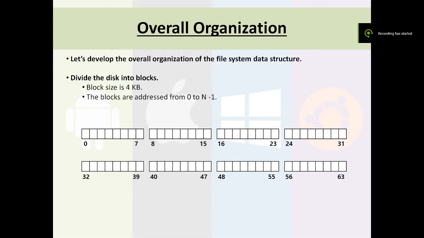Okay, so let's start with our data structures. Let's develop the overall on-disk organization of these data structures for this very simple file system. This is going to be quite a long walkthrough example of how this aspect is implemented, so hopefully you'll understand and we can go through it slowly together. Now the first thing we'll need to do is divide the disk into blocks.